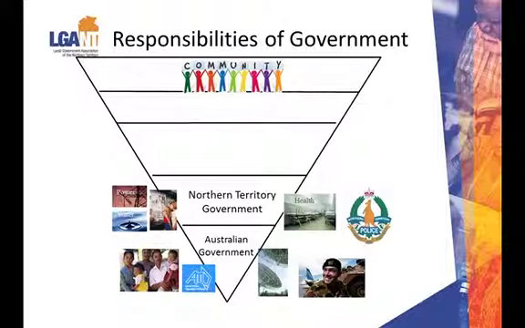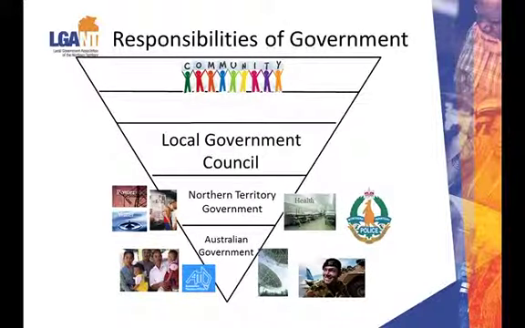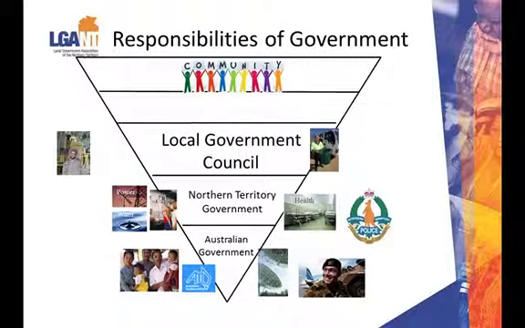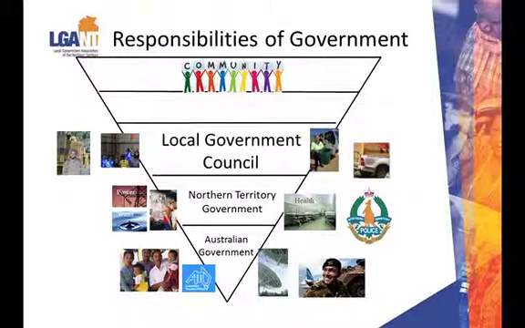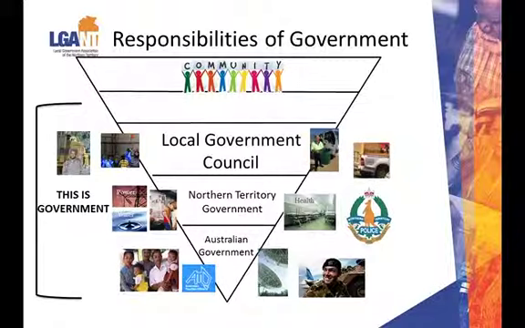The third level of government is the local government level or councils, and is responsible for providing services such as waste management, roads and employment, community safety, sport and recreation, to name a few. These 3 levels make up the whole of government in the Northern Territory. All 3 levels of government exist in all states of Australia.